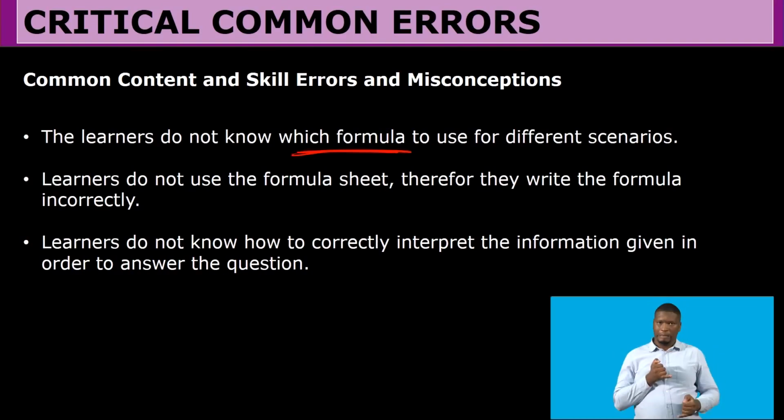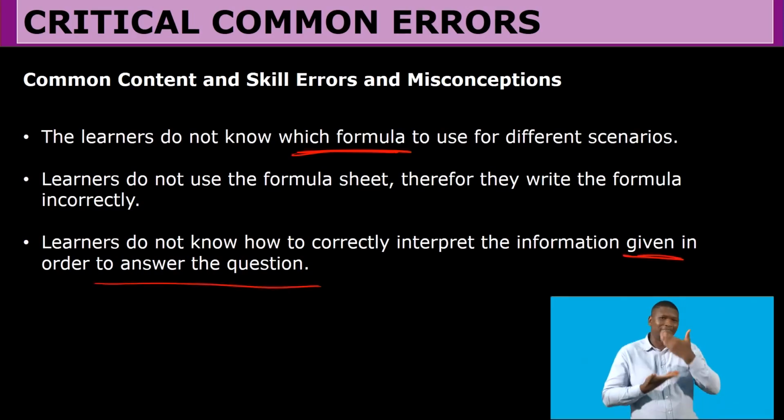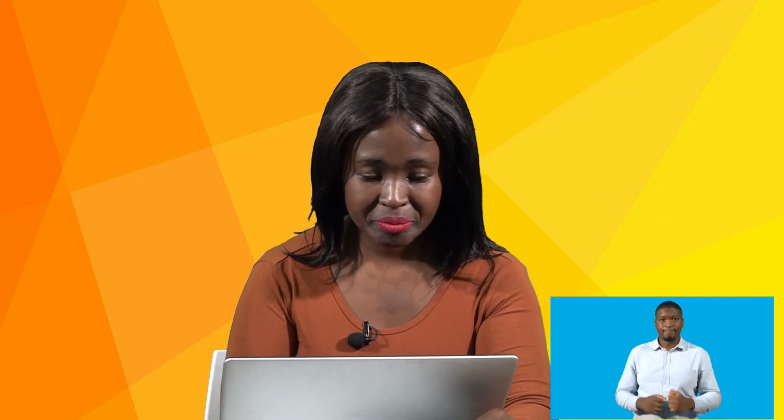So you need to use the formula sheet because these formulas are provided. And lastly, learners do not know how to correctly interpret the information given in order to answer the question. So we need to properly read those statements so that we can properly answer the question.